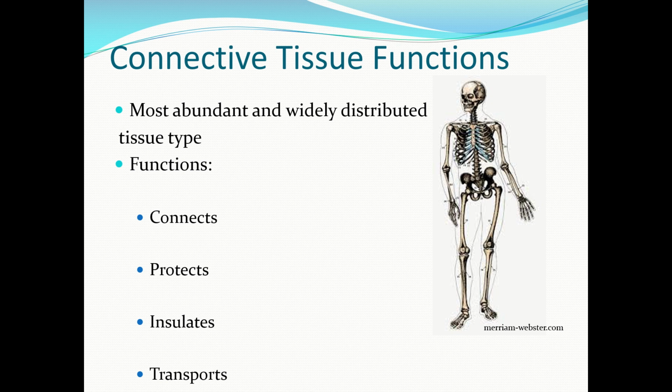Insulation means that it prevents heat from passing through, and so fatty tissue will insulate the body because it will hold heat inside the body. Heat cannot pass through fatty tissue. It also transports. So blood and lymph are two liquid tissues that will transport nutrients and gases throughout the body, as well as tissue fluid and immune cells.